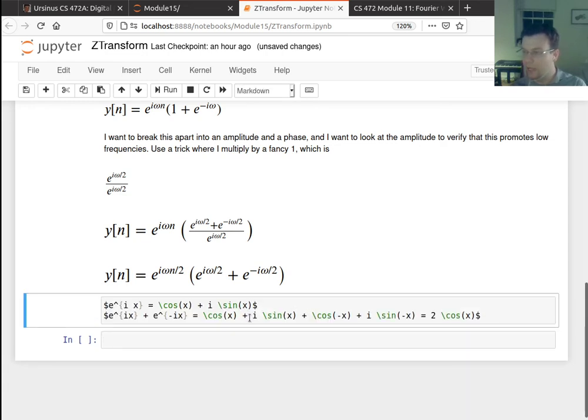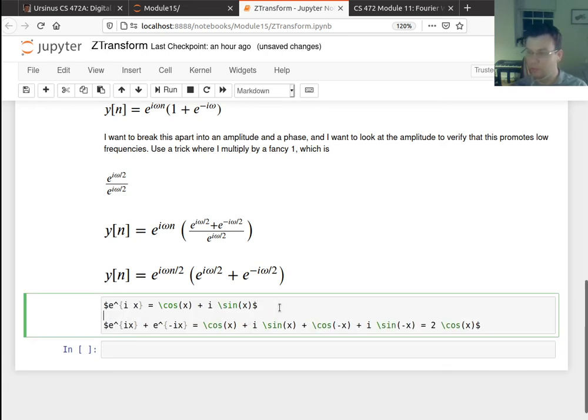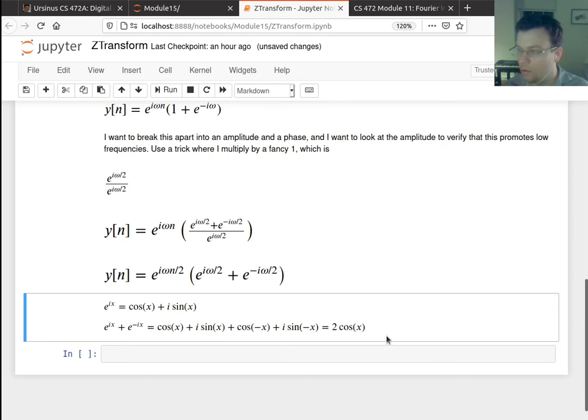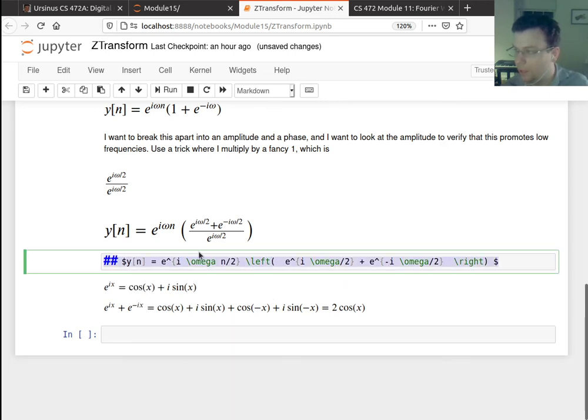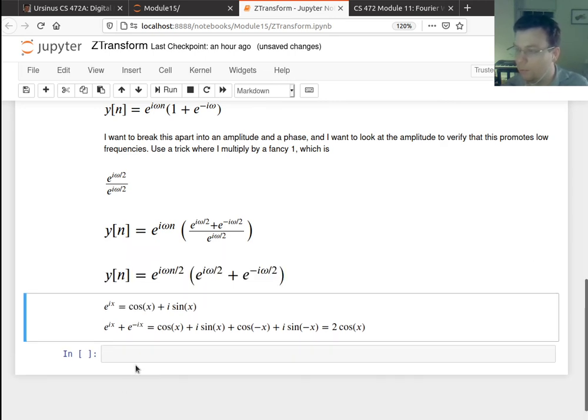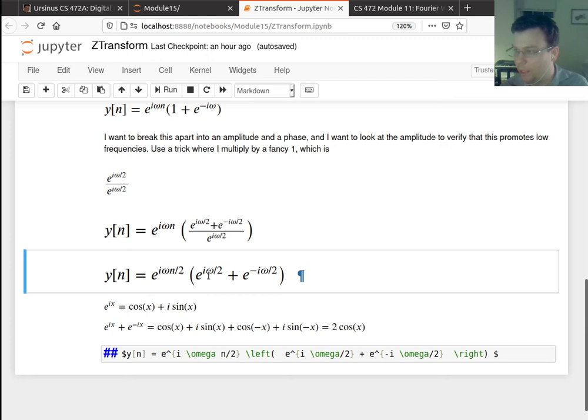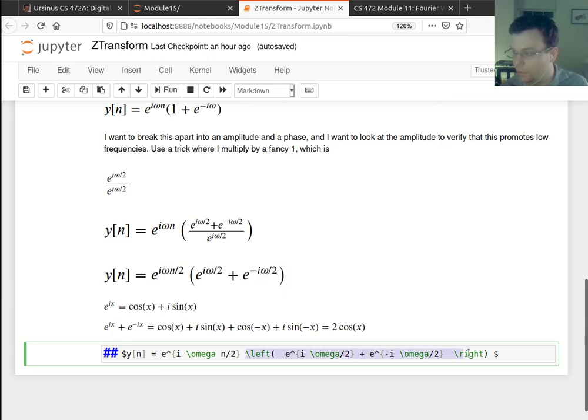Okay, so here's a little relationship between complex exponentials and just a regular cosine. If I apply this formula, I can write y of n is equal to this thing, which I can't do anything about, but I can change this into something simpler, which is 2 cosine of omega over 2.